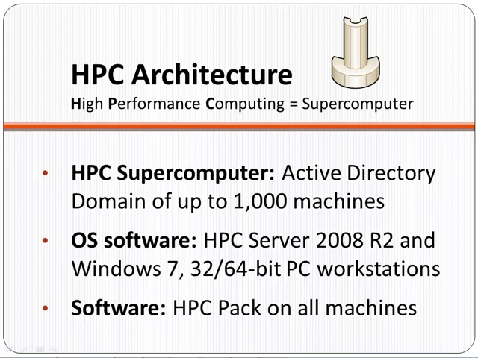The software requirement is either the machines must run HPC Server 2008 R2 or they may run 32 or 64-bit Windows 7. The desktop class machines are used as compute resources. More on that a bit later. In addition, all machines have a suite or a package installed named HPC Pack.